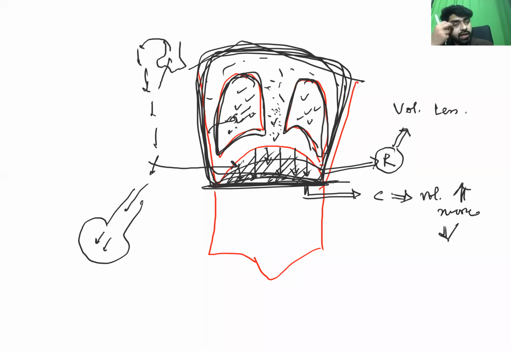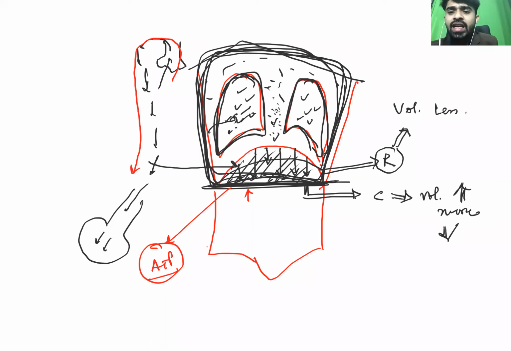First MCQ: if anyone asks you whether the inspiration process is active or passive, you have to answer that it's an active process, because for the contraction of the diaphragm you require ATP. But if anyone asks you whether the way of entering air into the respiratory passage during inspiration is active or passive, it's a passive entry of the air due to the creation of suction pressure like this.